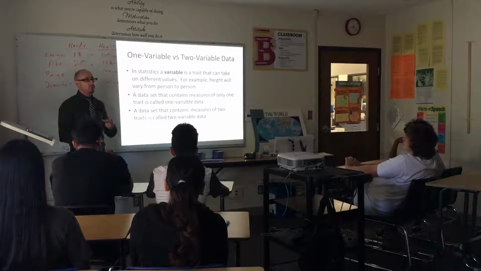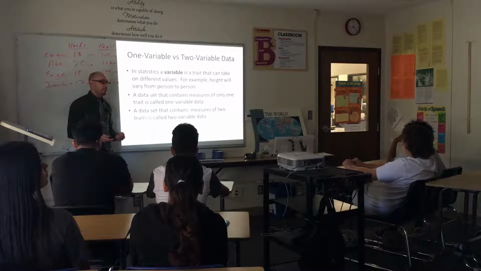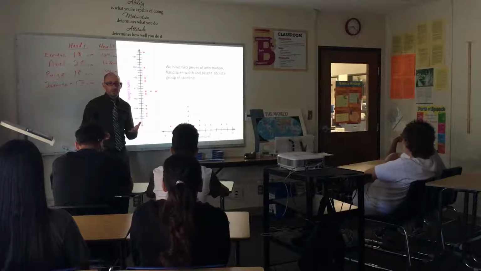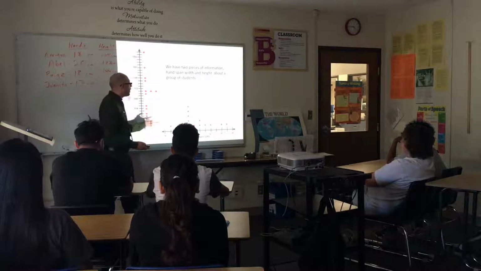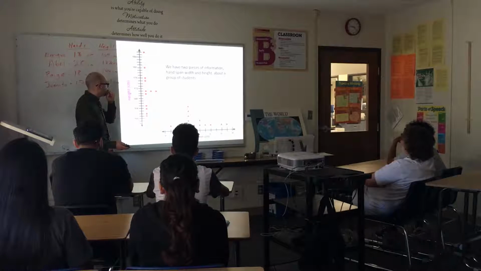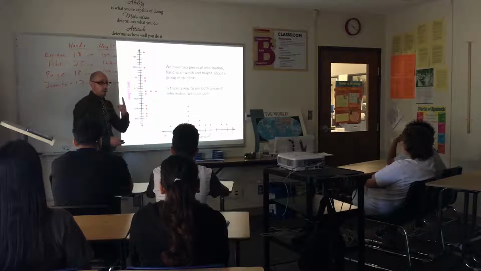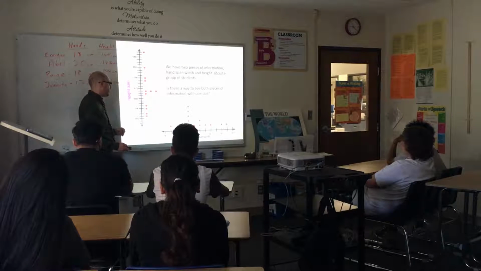But when you want to show two traits, it's two variable data. So we measured two pieces of information: our hand spans on this dot plot, and our heights on this dot plot. So is there a way that we can use one dot to show both pieces of information?